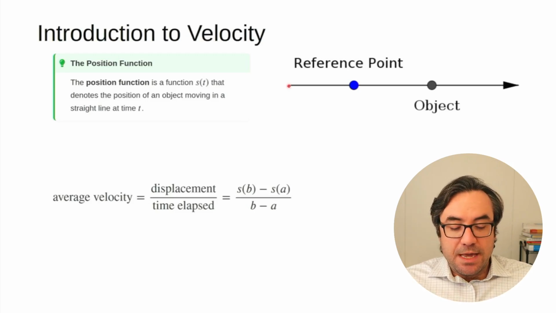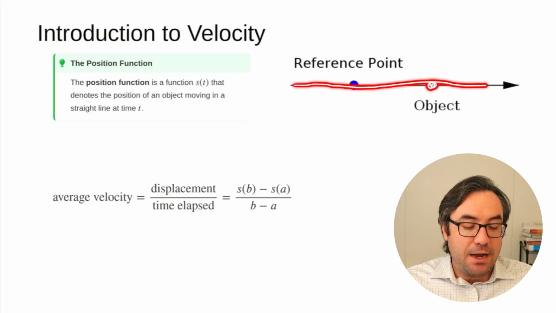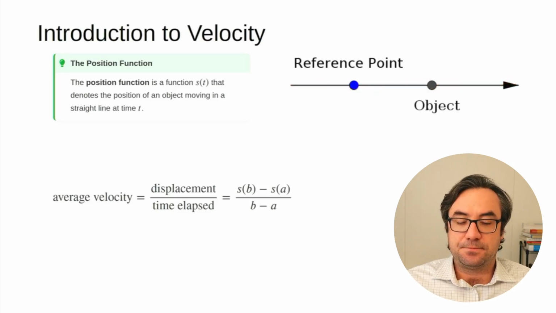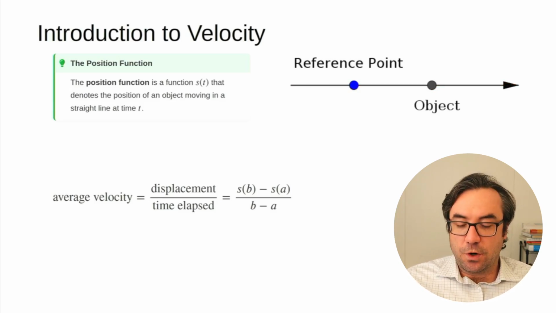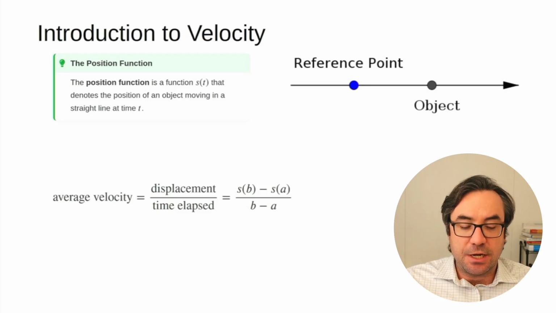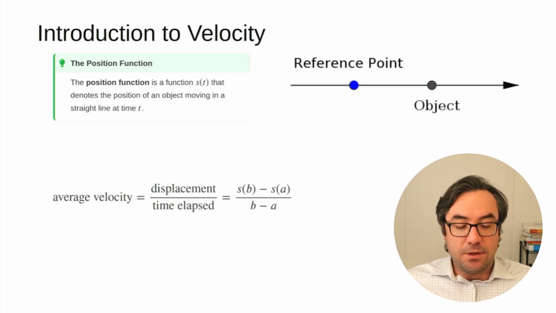So we're going to be looking at the case where we have an object and it's just bouncing around along a straight line. And the way the position function works is it's telling us the position of our object relative to a specific reference point. And normally, this is the origin.